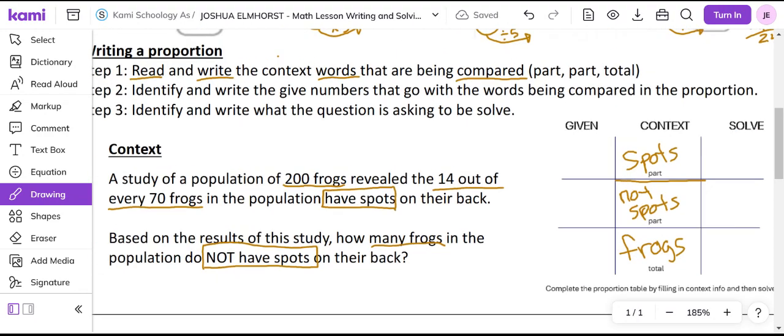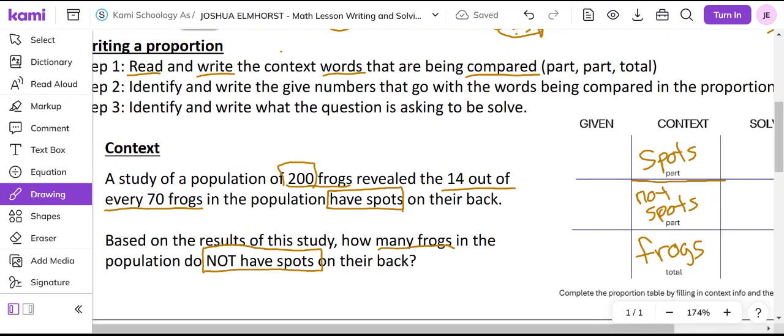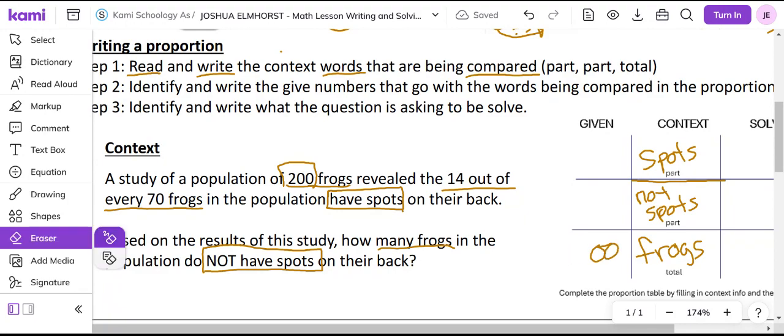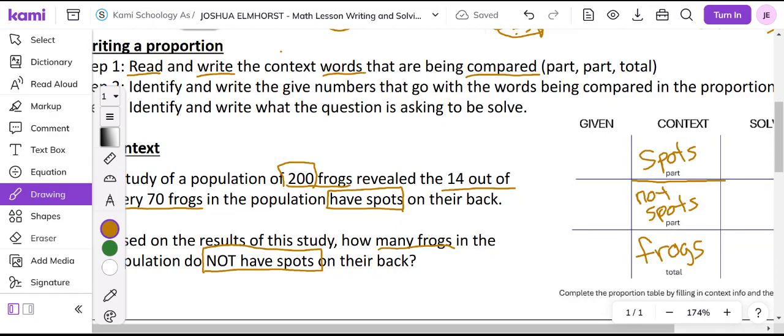So a lot of students want to take this 200 frogs and put it in here, but I'm going to say be careful. So a study of the population of frogs revealed 14 out of 70 frogs. So 14 are the spots. So we got to connect that within the context. 14 have spots, and that's out of 70 frogs.